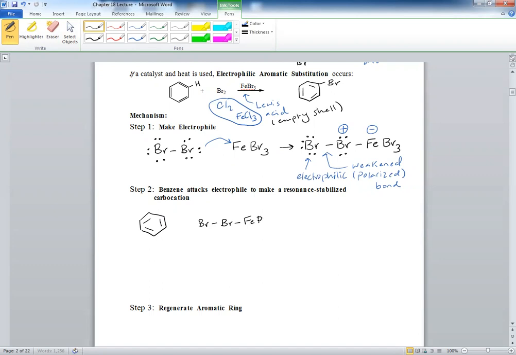If you recall, there's a name we shared in Organic 1 for the product of a Lewis acid base reaction. That's called an adduct. So this is the adduct right here. So the reaction is going to take place by attacking the bromine, and this bond has to break.